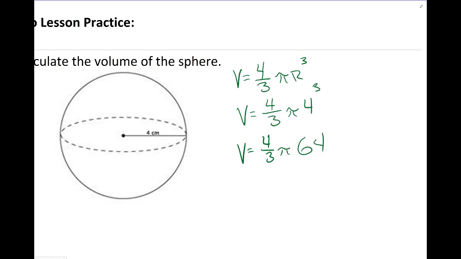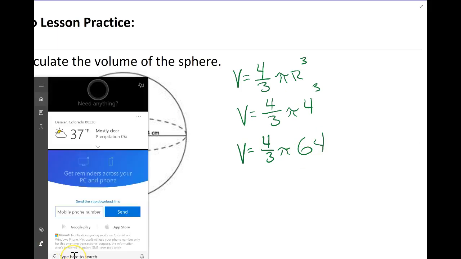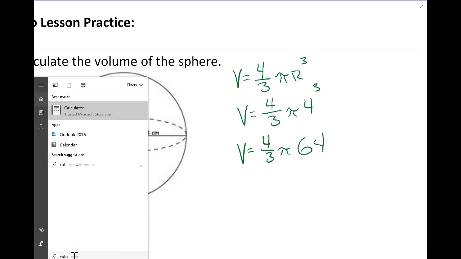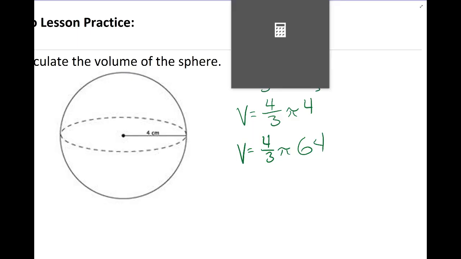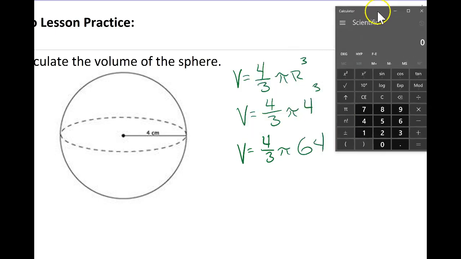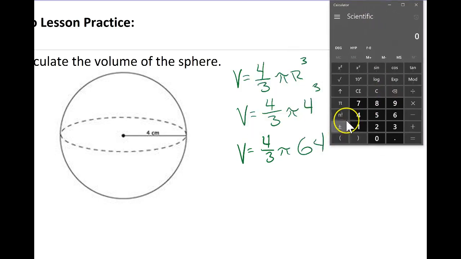Now I am going to use the calculator here. Just in case you're not sure how to actually calculate that in here, I'm going to say 4/3, which is 4 divided by 3. Great. Times pi, which is 3.14, as we know, times 64.